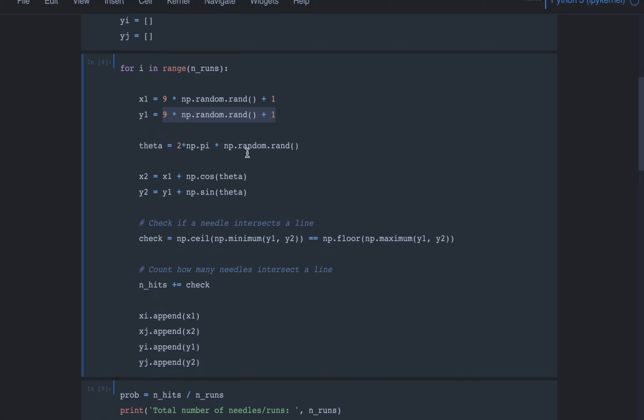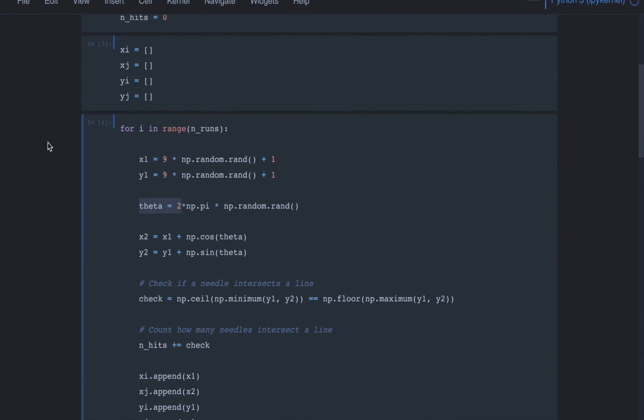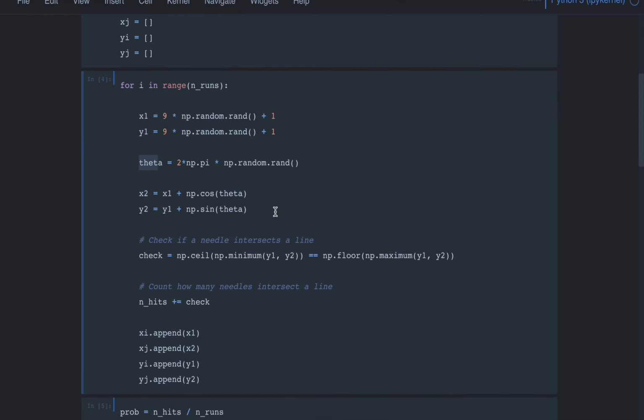After that, here we have generated the angle. We have simulated this angle, so we generated 2 coordinates x1 and y1, and then we are picking an angle theta, which we also generate randomly. This angle will go between 0 and 2 pi, because we know this np.random.rand function generates a random number uniformly between 0 and 1. So here we have generated a theta between 0 and 360 degrees.